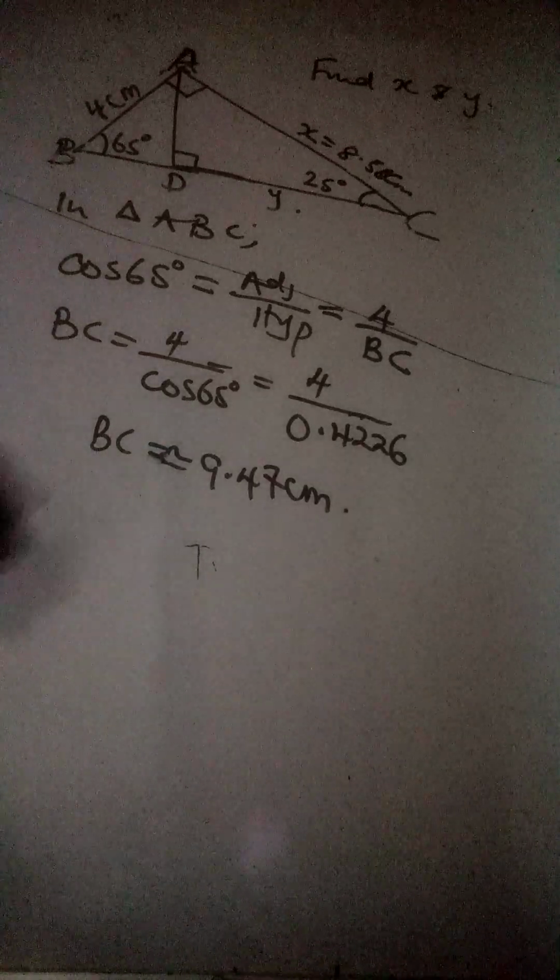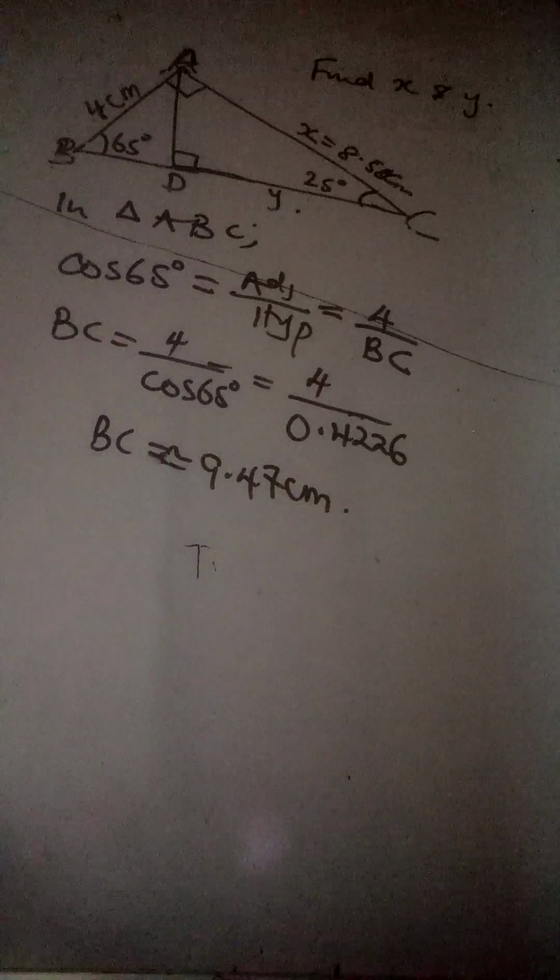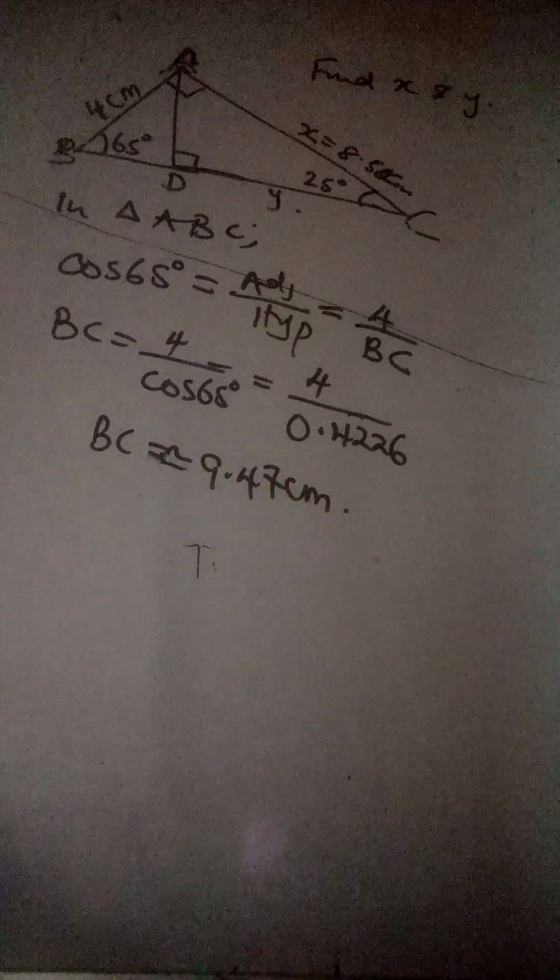The whole of this is the hypotenuse of triangle ABC. So BC will be 4 over cosine 65 degree. When you check for that value of cosine 65, by approximation, BC will be 9.47.